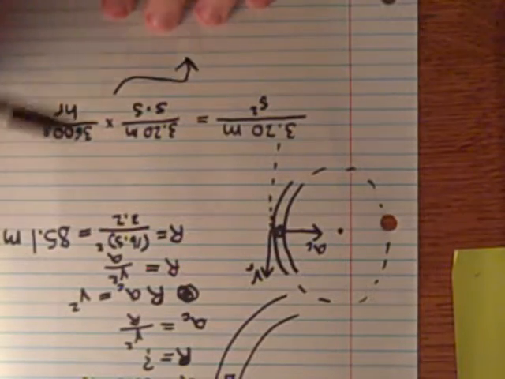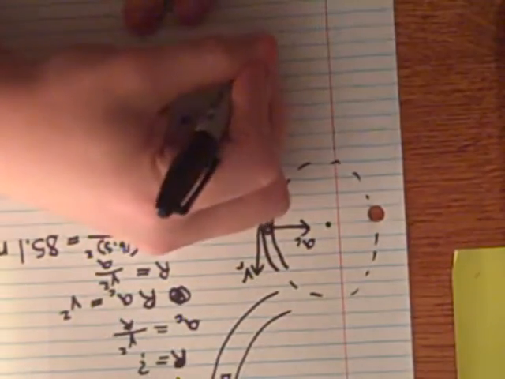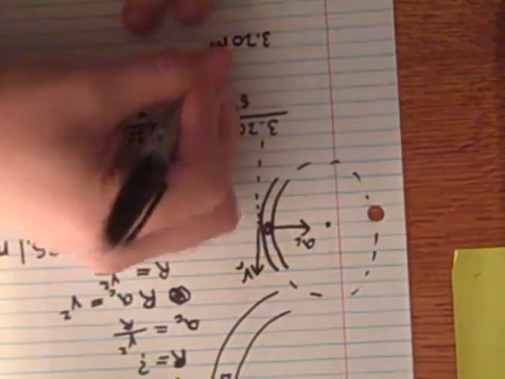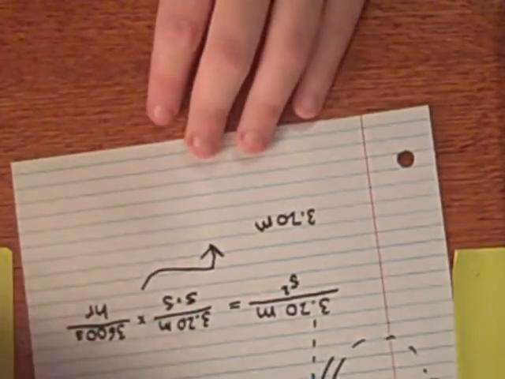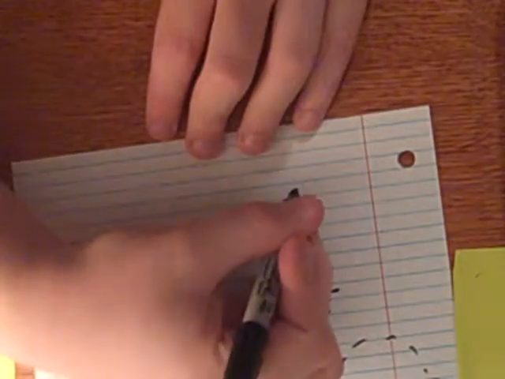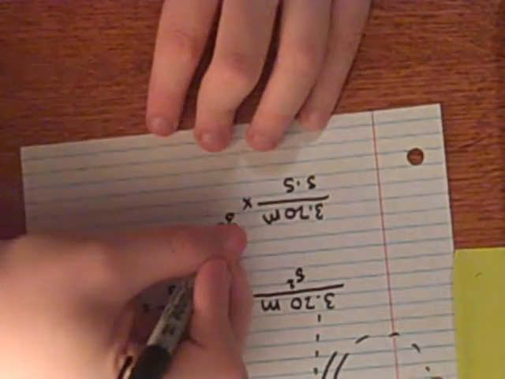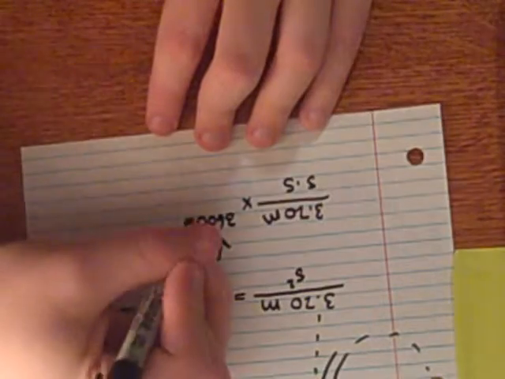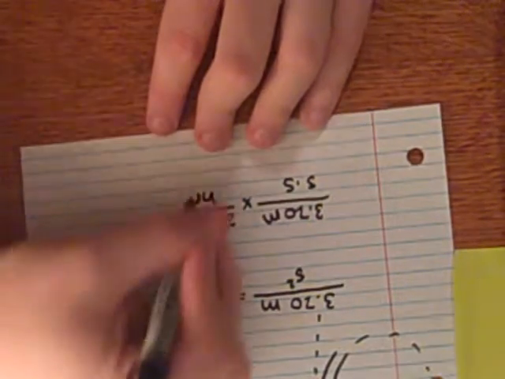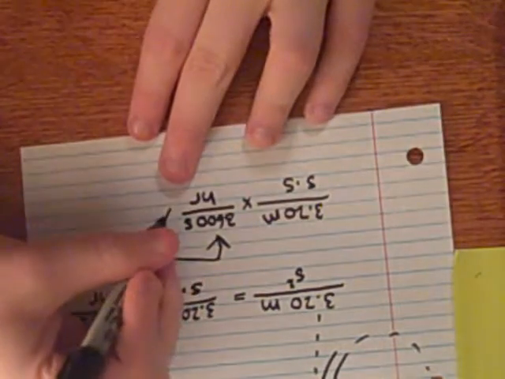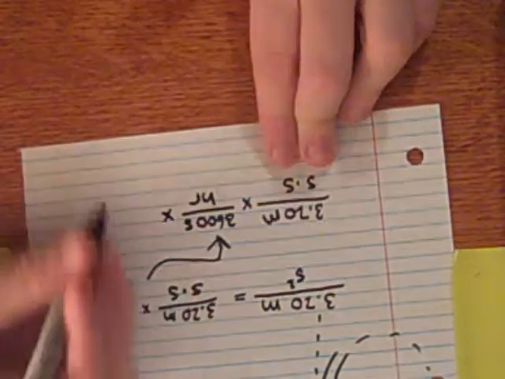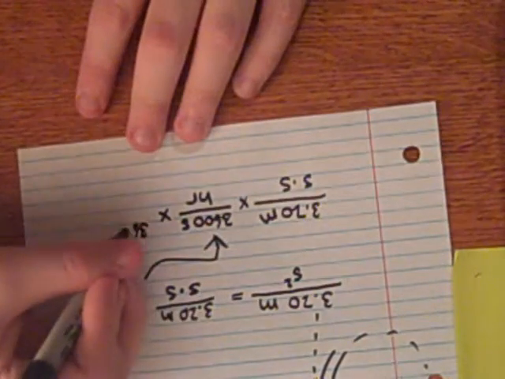So what we have to do, instead of just doing it once, forget this, 3.20 meters per second times 3,600 seconds per hour. We have to multiply it again to get rid of both seconds here in the denominator.